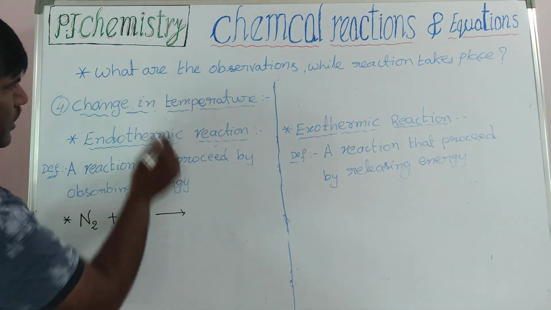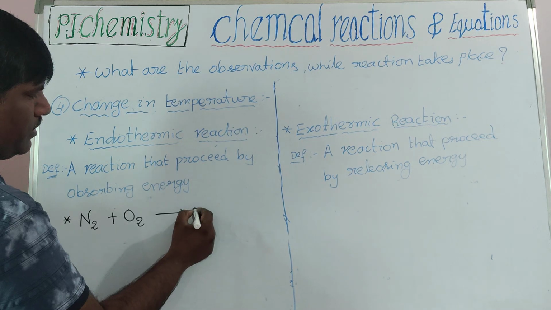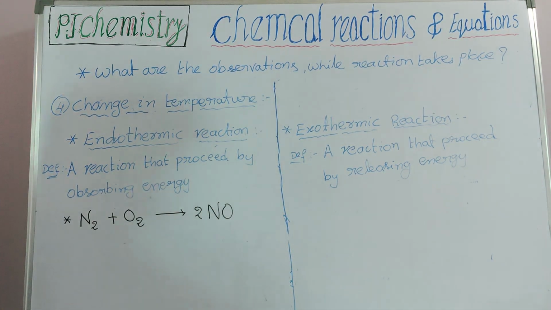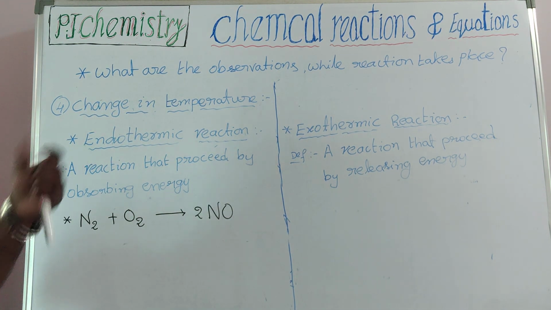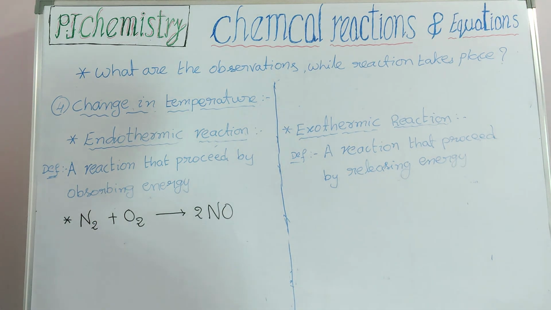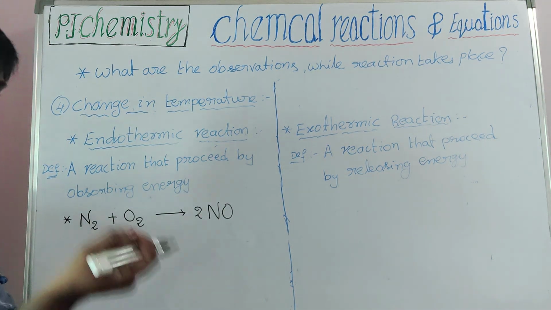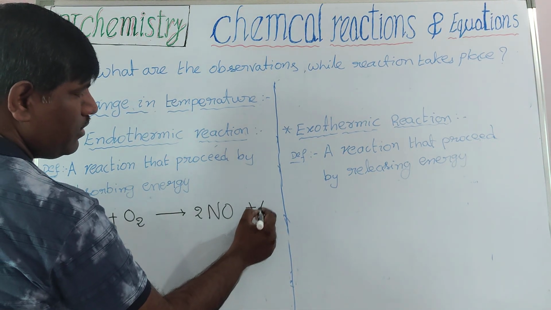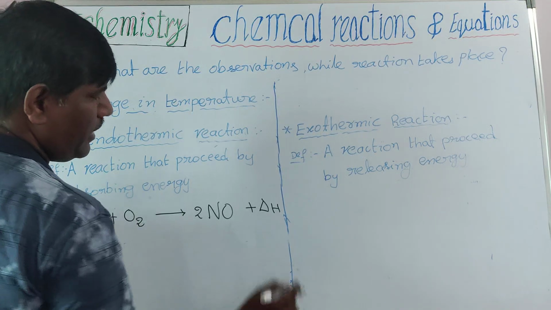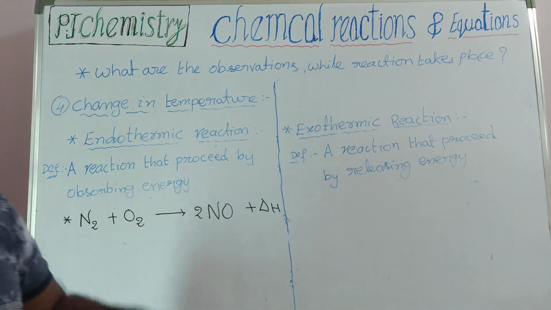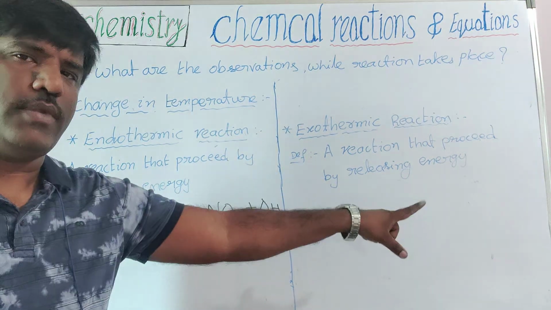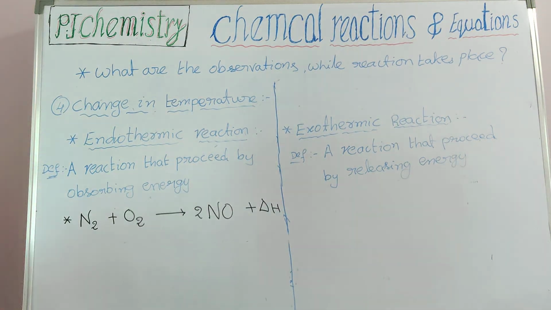So it is also part of endothermic reactions. N2 plus O2 gives 2NO. Sometimes after the reaction they mention plus delta H. Plus means endothermic, minus delta H means exothermic.